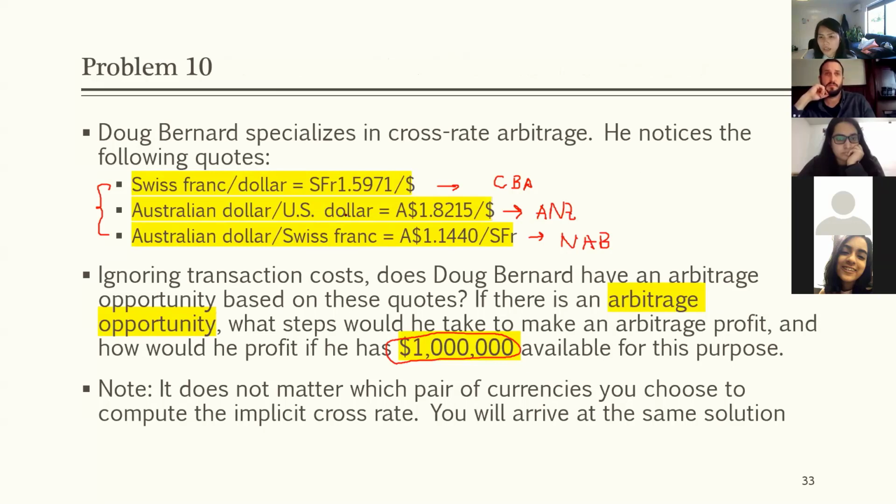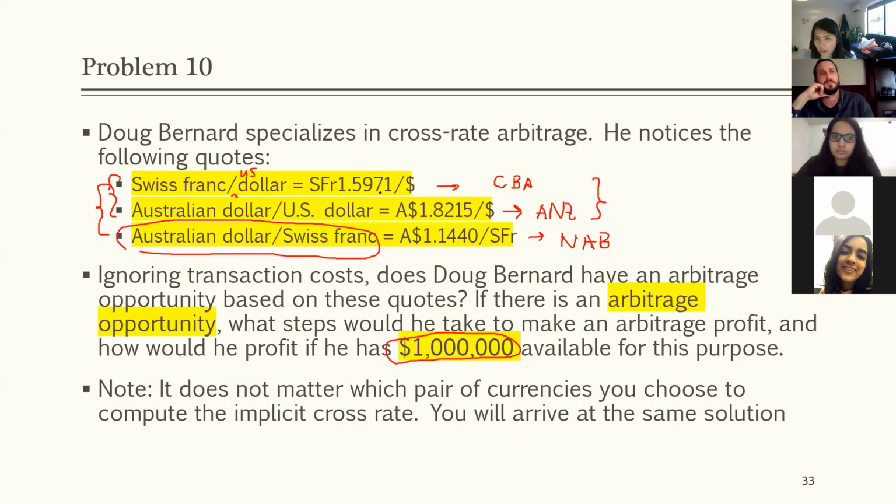Say I want to compute the cross rate between the Australian dollars and the Swiss franc based on the first two quotes. I'll explain later why we want to check the cross rate. Based on the first two exchange rates, can you help me compute the Australian dollar over Swiss franc exchange rate?